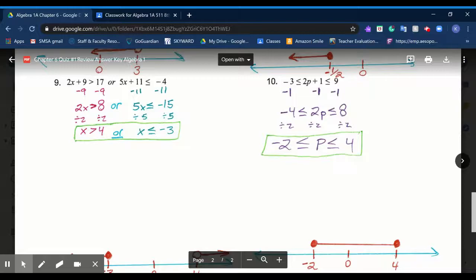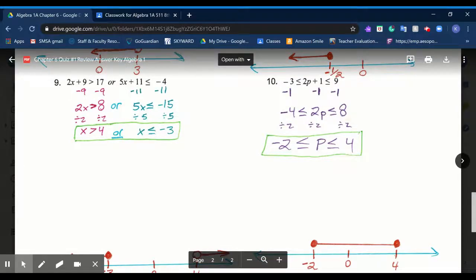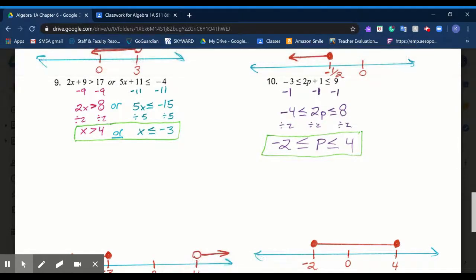So in number 9, with the or statement, we just separate the two inequalities and solve them separately. So subtract the 9 from each side and divide by 2. X is greater than 4. On the other side, subtract the 11 from each side, then divide by 5, and x is less than or equal to -3.